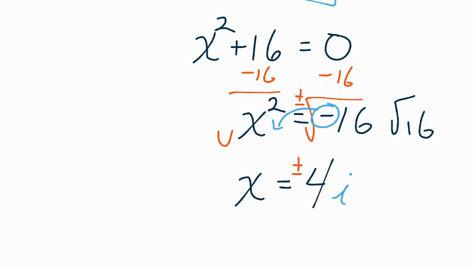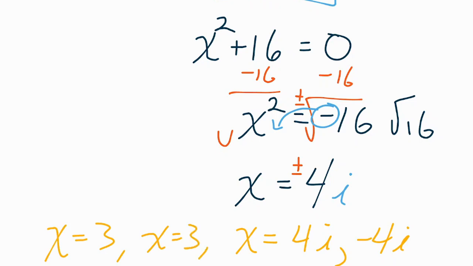Plus or minus 4i. Kids, that's 2 imaginary solutions: positive 4i and negative 4i. That is great news because now I have 4 total solutions. Those 4 total solutions satisfy the fundamental theorem one more time.